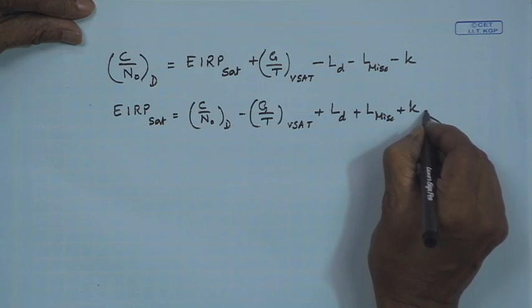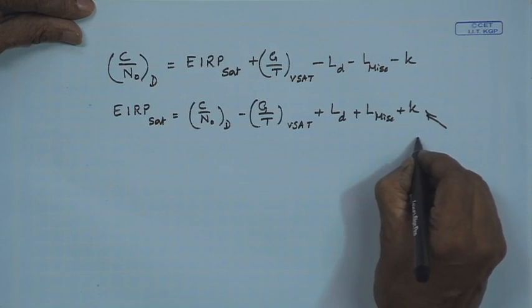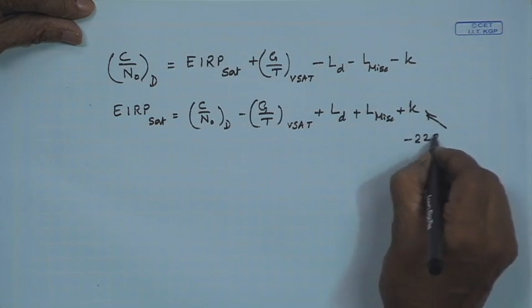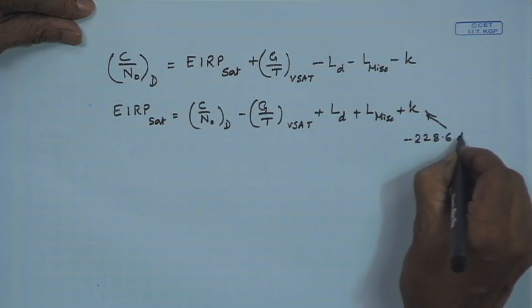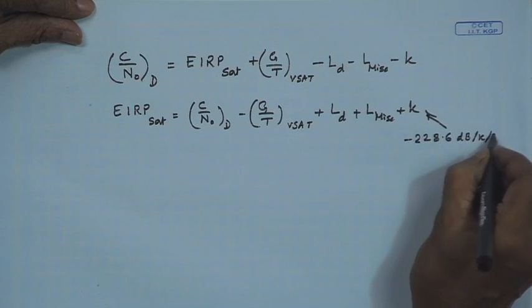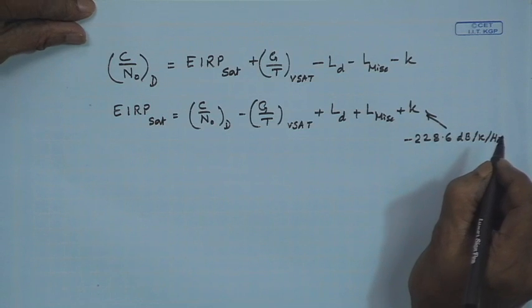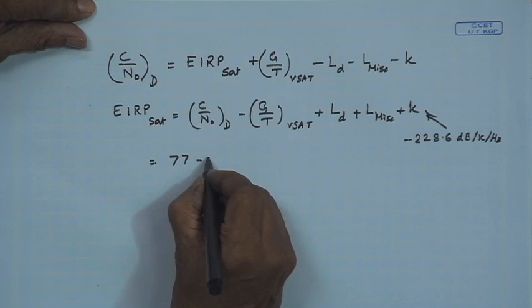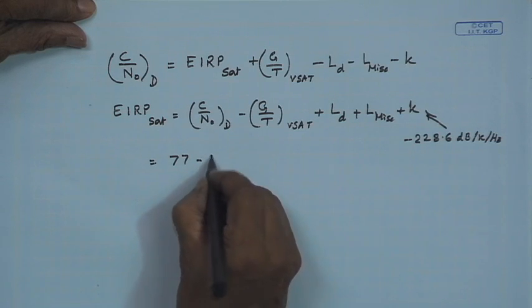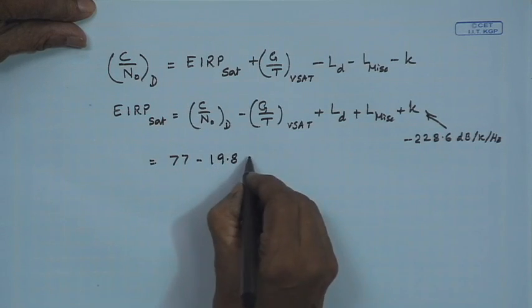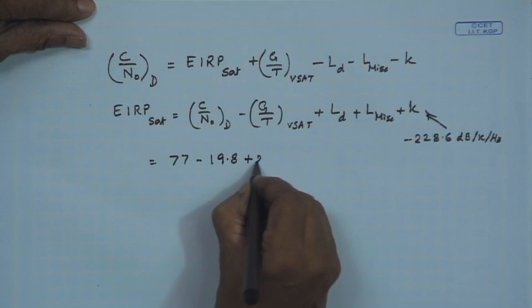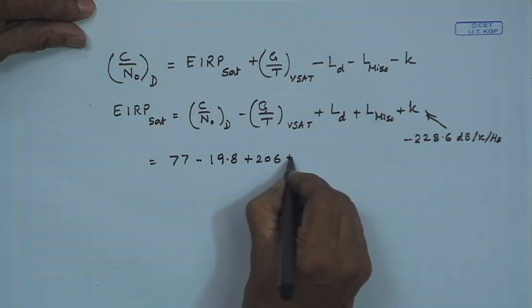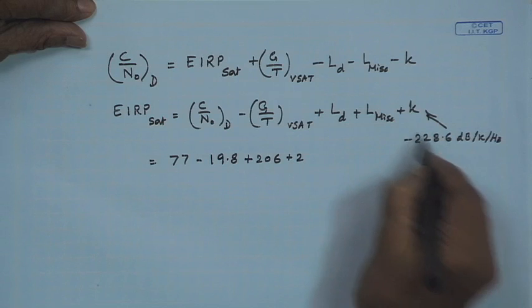Now this value K, if you remember, it is minus 228.6 dB per K per hertz. So, if you put the numbers, 77 minus 19.8 if I recollect correctly, this was 206, this was 2, and then this is minus value.